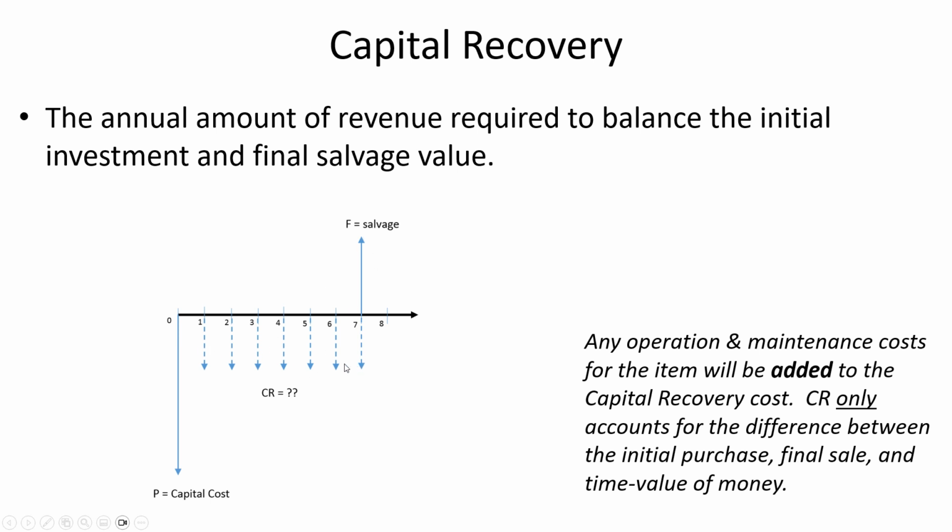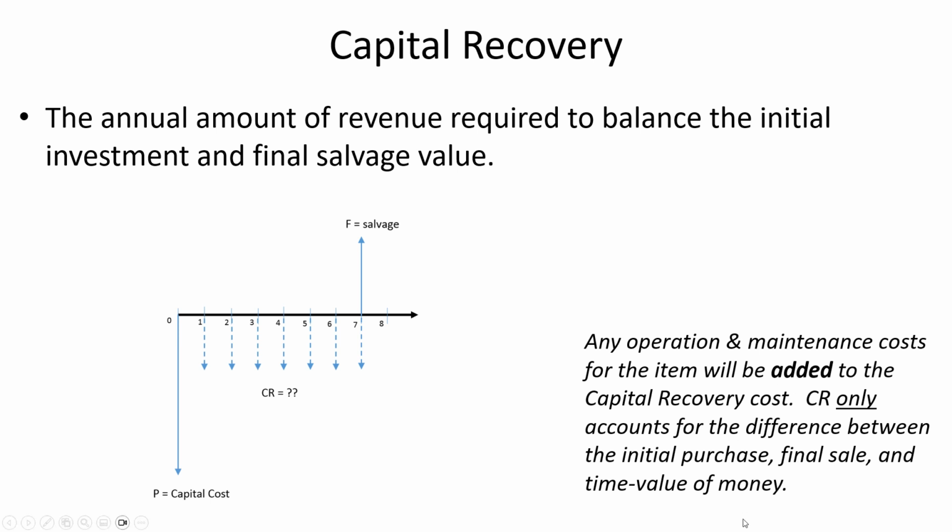So capital recovery says find A given P for the purchase price, and you find some annual series, and then you find A given F with the disposal value, and you find the combined amount. That's the capital recovery. That's how much new revenue you'd have to generate in order to balance out the cost of owning the equipment. So if you buy a car, hold it and use it for a certain number of years, and then you sell it, you could calculate on an annual basis, taking interest rates into account.